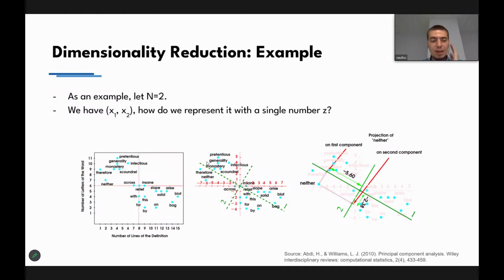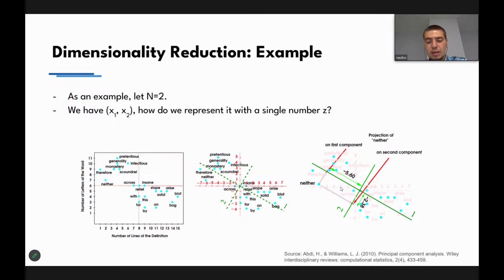What does it mean? It means that if you look at the direction of this axis, the range within where the data falls on the axis is the biggest possible. So if you start projecting words onto this axis, you would have the biggest possible range of values here.